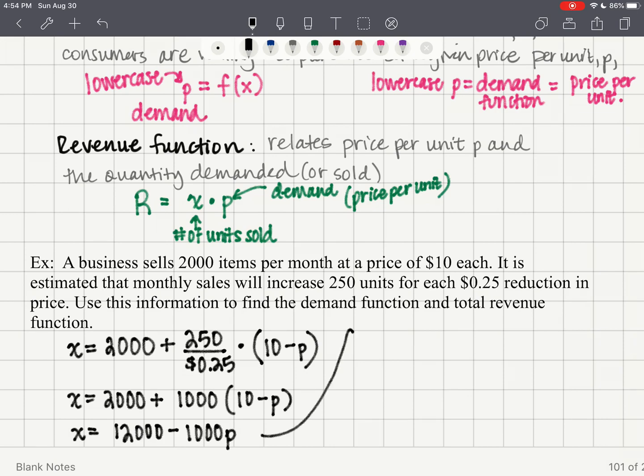If I solve for p, I'll subtract 12,000 and then divide by negative 1,000. So I'll get p equals 12 minus x over 1,000. So go ahead and try that. Solve for p and make sure that you get what I got.